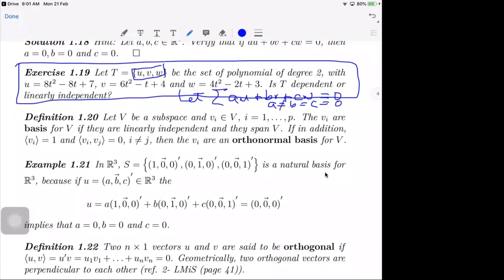So you cannot make a, b, and c equal to 0. So these vectors are not linearly independent.